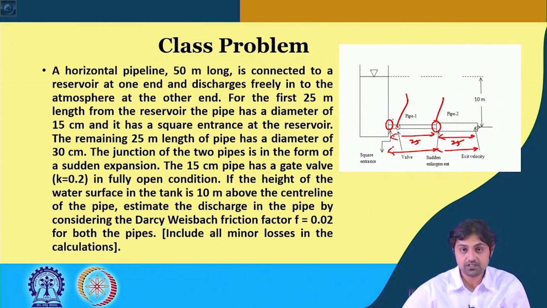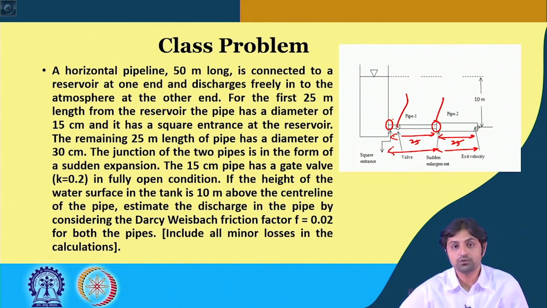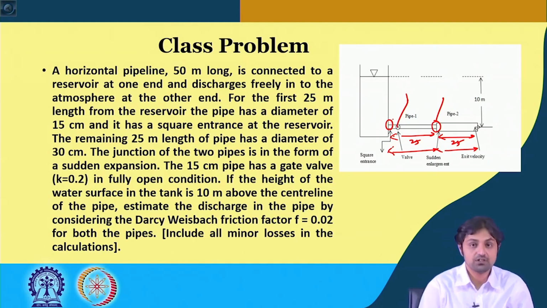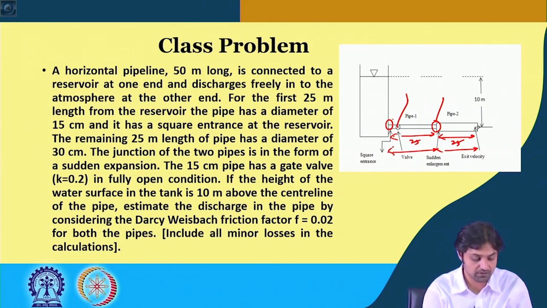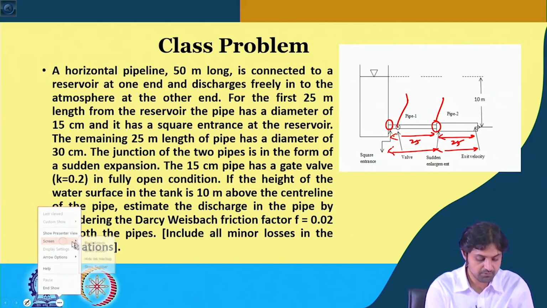So this is a problem where you will get to understand and practice all the major and minor head losses again. That is why I thought to include it as the solved problem. Normally I give this question in the class test or exam for my B.Tech second year students. So I am going to solve this now. It might be a little lengthy problem, but it's important for you to follow what's going on.